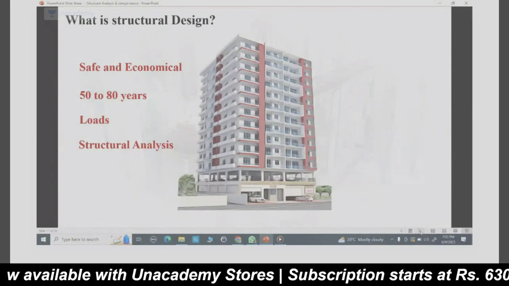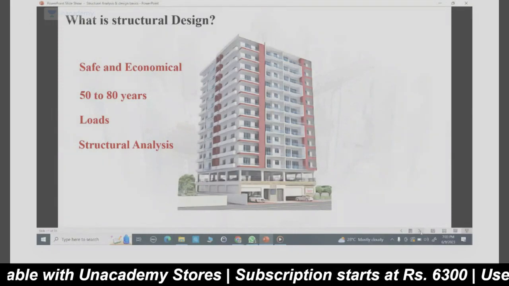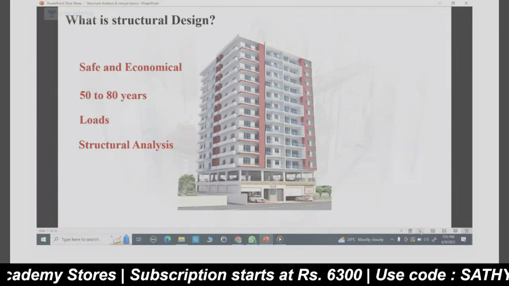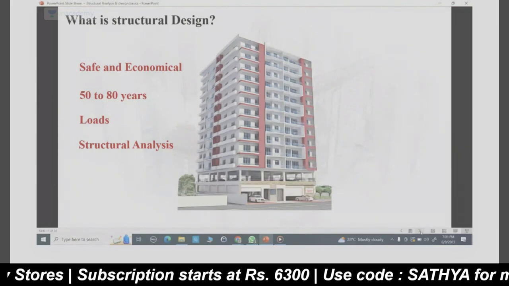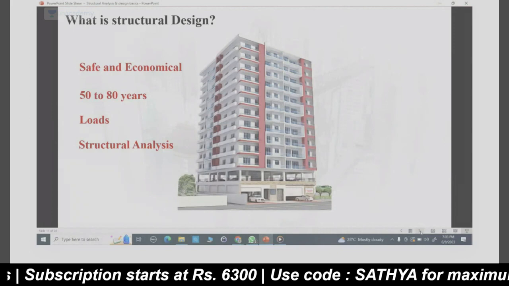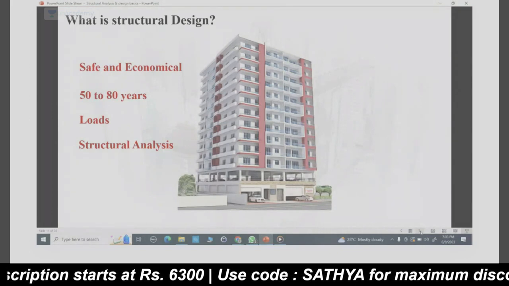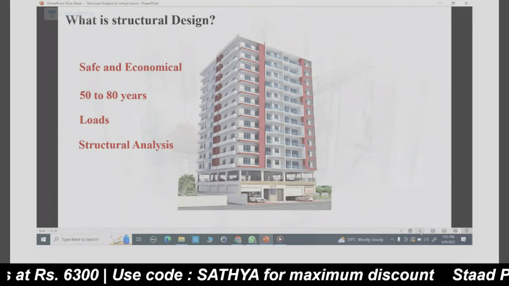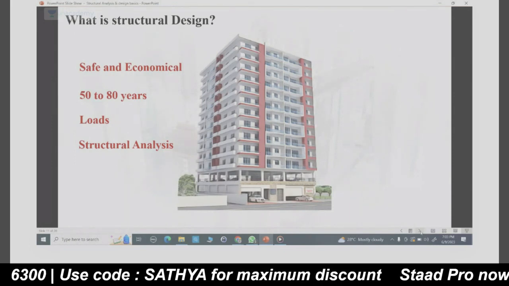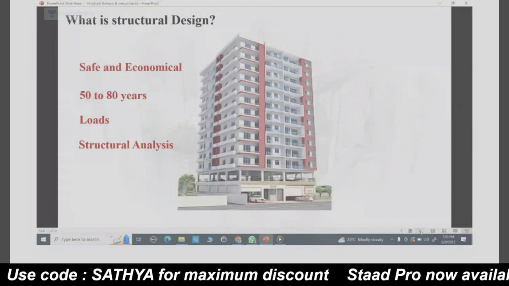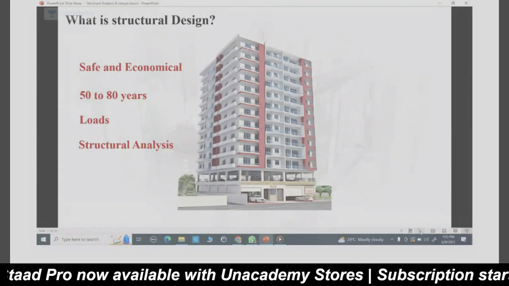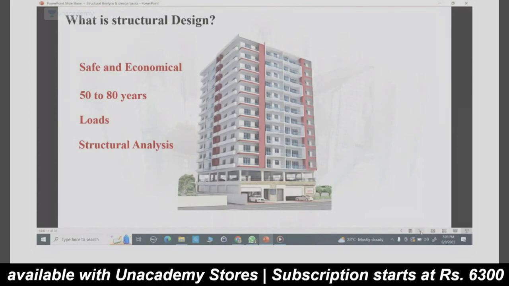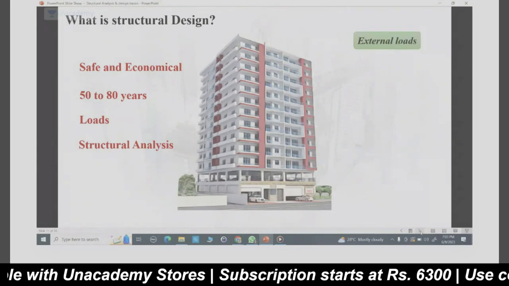So we first need to calculate the external loads and apply them, and due to the external loads we get the internal forces, and then according to the internal forces we need to design the structure.